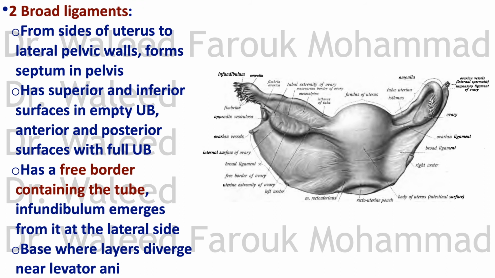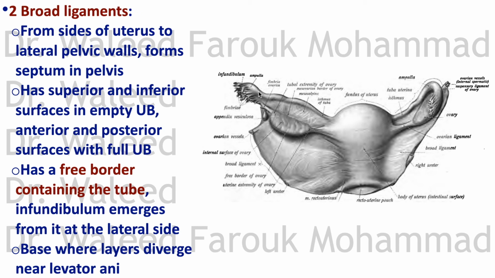And the broad ligaments. The broad ligaments are peritoneal folds that cover the uterus and the sides. It's prominent at the side of the uterus, of course, and forms like a septum in the pelvis. In a full bladder, it has anterior and posterior surfaces, and in an empty bladder, superior and inferior surfaces.